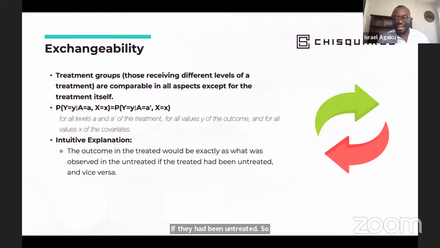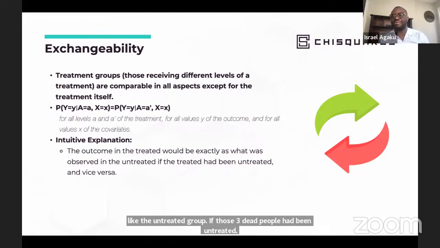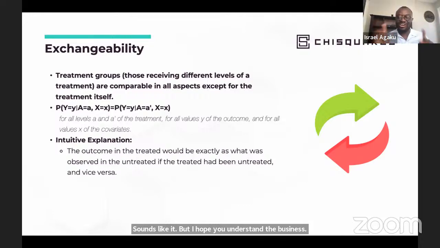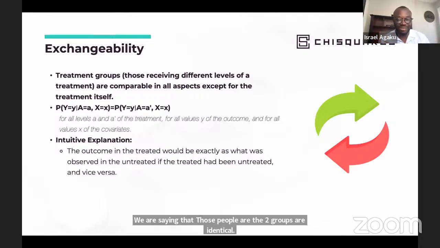Remember that we have some people who were treated; their outcomes would have been exactly like the untreated group if they had been untreated. And vice versa, the untreated would have been like the treated if they had been treated. Sounds like a tongue twister, but I hope you understand the basics. The two groups are identical; the only thing separating them is treatment.